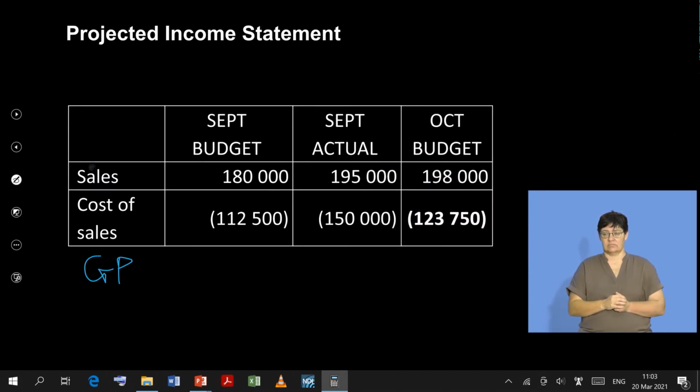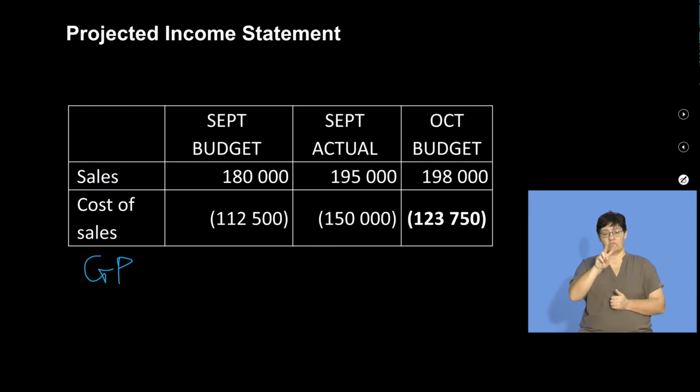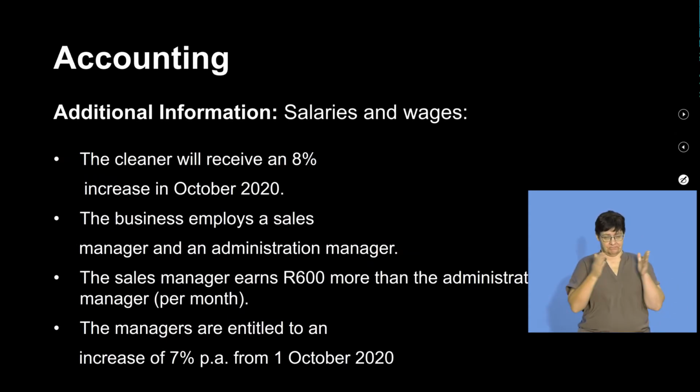All right? So we got 74,250 as our gross profit. Okay, let's move on to the next slide.